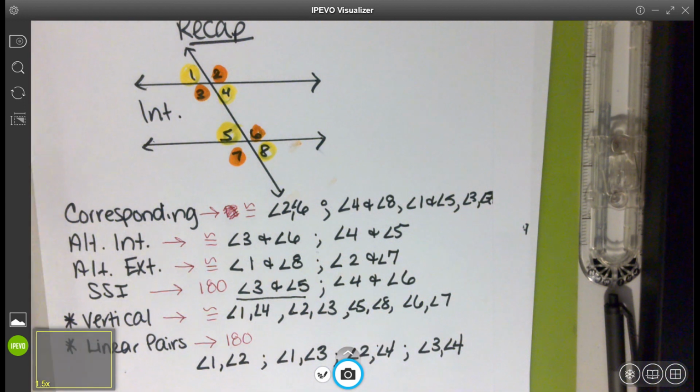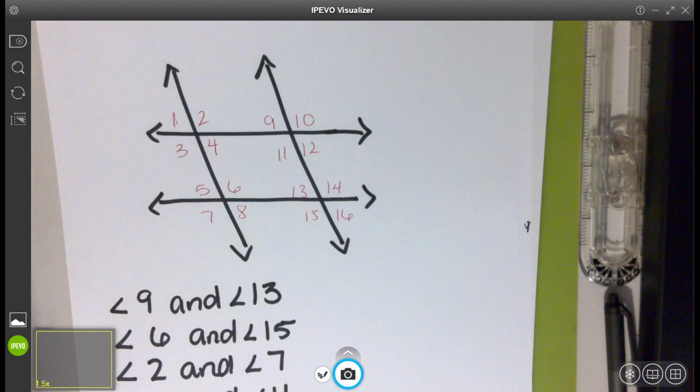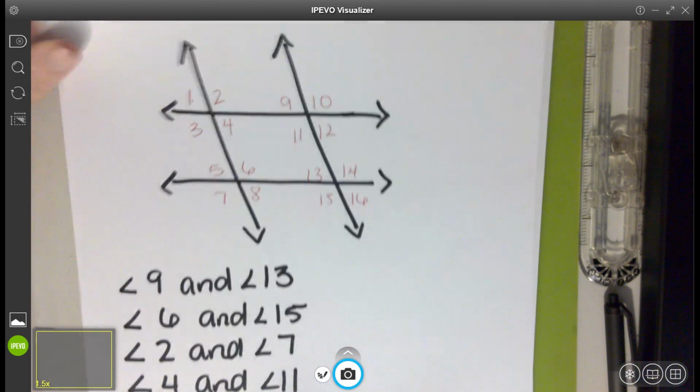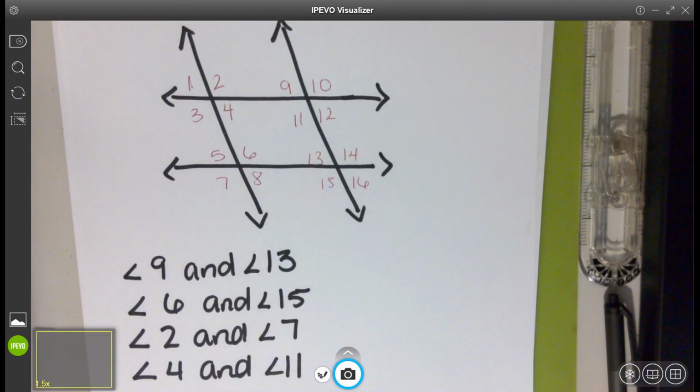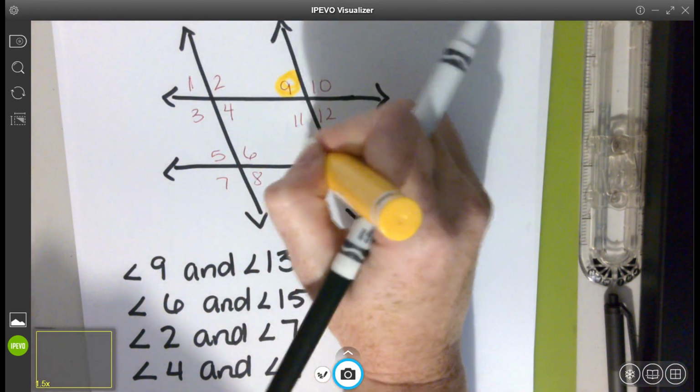All right, so here is an example we're going to do together. So here is a couple parallel lines, 16 angles, and they want us to identify the relationships they're giving us. So first we're going to look at 9 and 13. So I'm going to highlight 9 and 13.